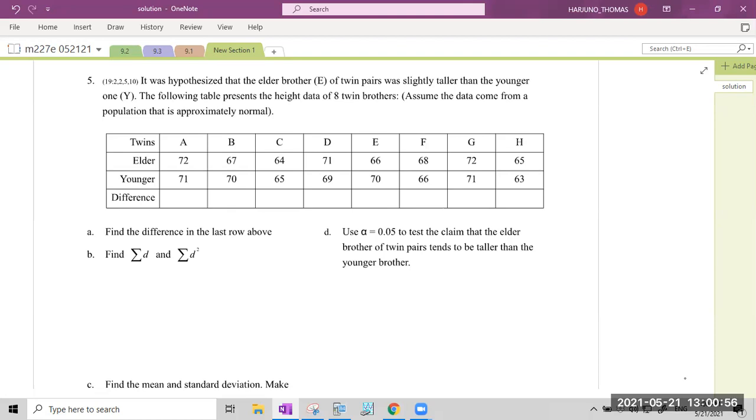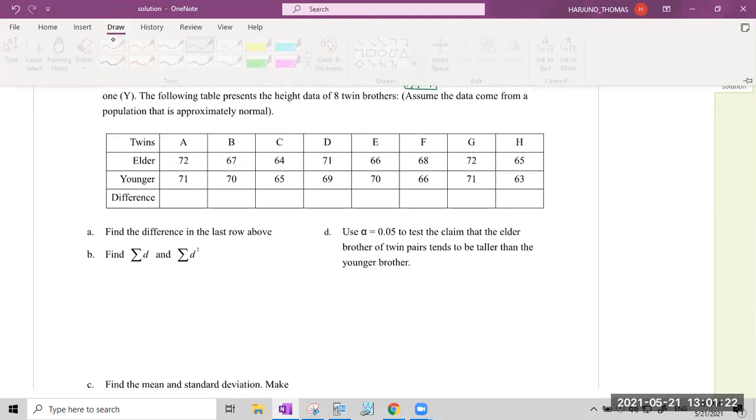Slightly taller is something we cannot really prove by the data, because our data will need to show significantly taller to reach that conclusion. So the word slightly is actually hard to argue.